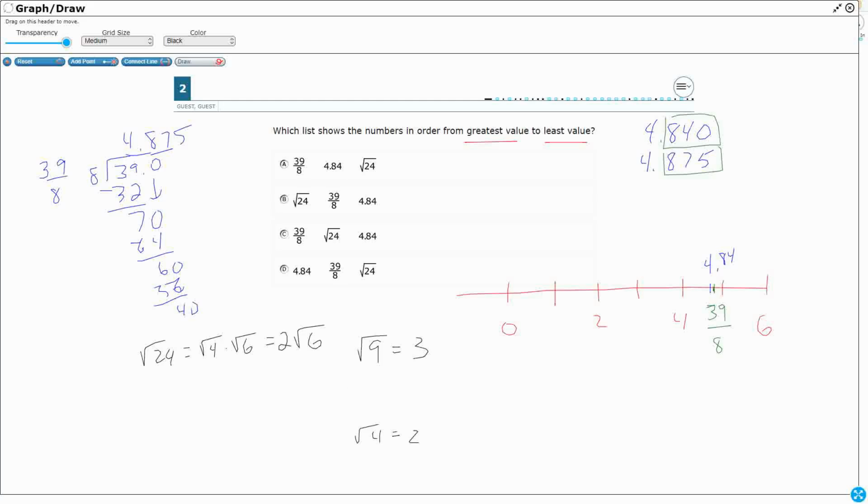So square root of 6 is somewhere in between, between 2 and 3. It's probably a little bit closer to 4 than it is to 9, so maybe 2.4-ish. Then we can say 2 times 2.4, and that's going to be 4.8. But you see how 4.8 lands right where I've been working with these other two? That's too close to estimate.